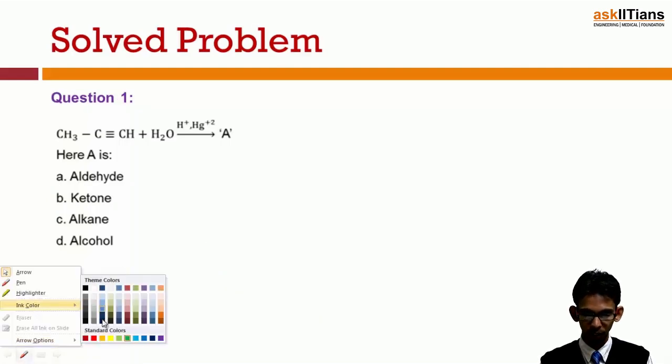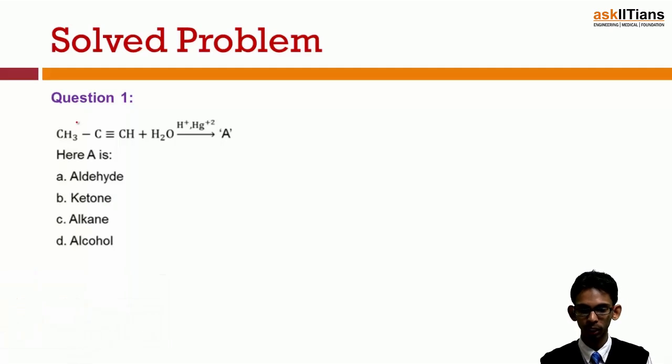Here this compound, propyne, is reacted with water in presence of mercury and acid. So it is asking for the compound A which is formed. It is actually C triple bond CH, propyne.